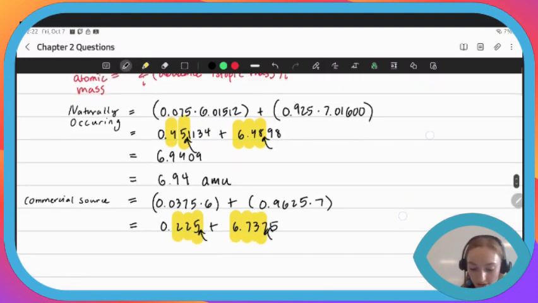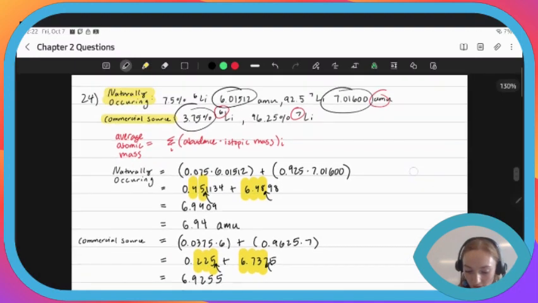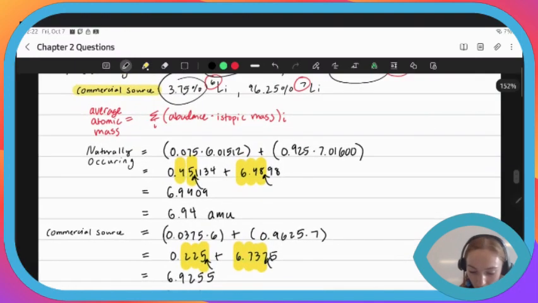So when we add these two together, we round to the thousandths place: 6.926 AMU.